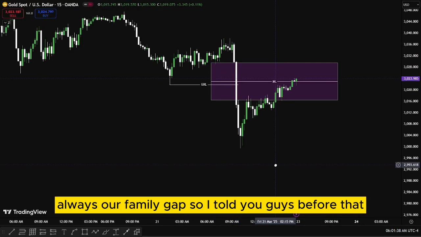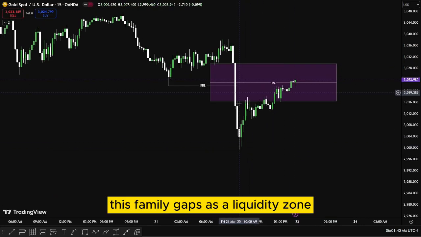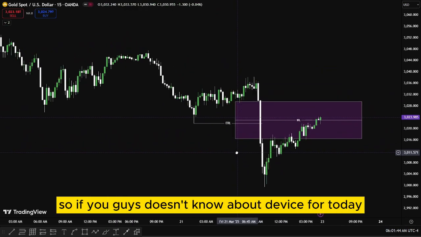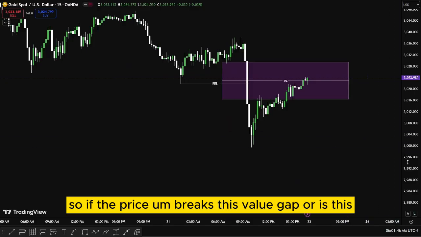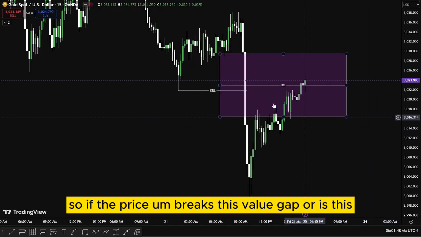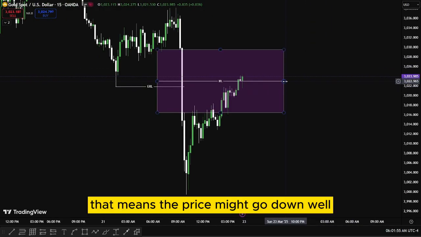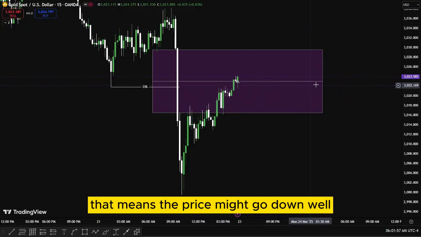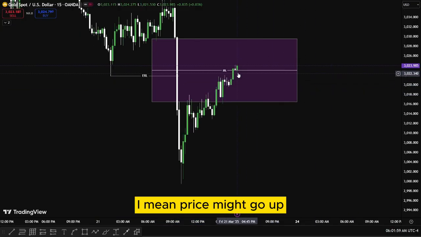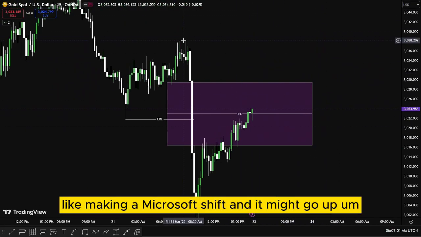I told you guys before that these fair value gaps act as a liquidity zone. So if you don't know about the bias for today, if the price breaks this fair value gap, or does not respect this fair value gap, that means the price might go down. Well, I mean, the price might go up, making a market structure shift.